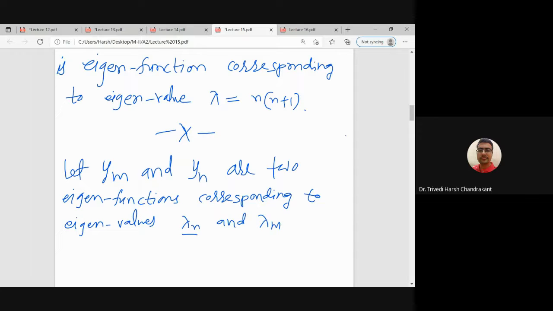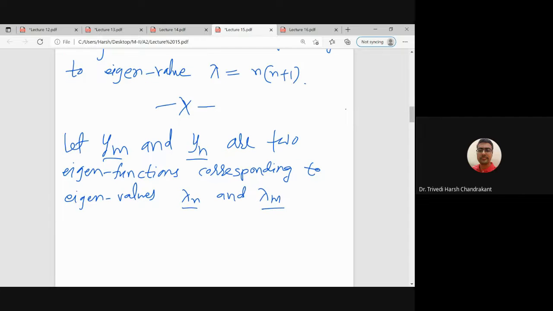Right. So this lambda value depends on natural numbers m and n, and they are different real numbers, and corresponding solutions we are getting ym and yn. Right. So this is given for the Sturm-Liouville problem.